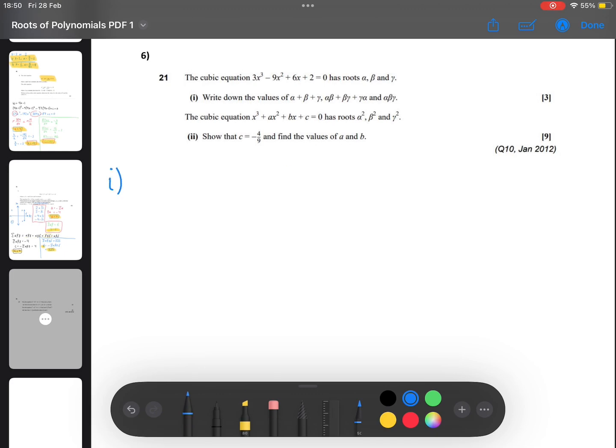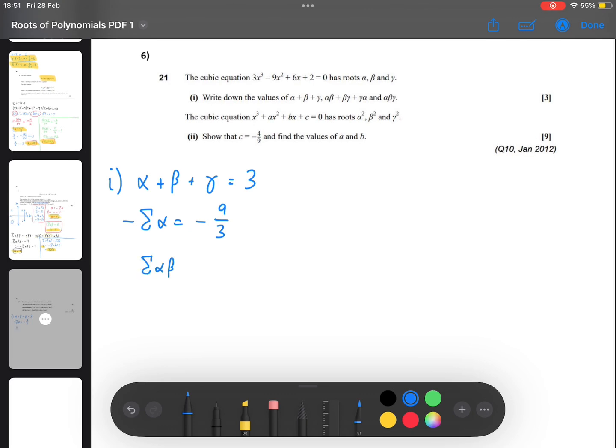So alpha plus beta plus gamma, which is the sum of the alphas, or rather minus the sum of the alphas, is going to be minus 9 over 3. So the sum of the alphas is going to be 3.